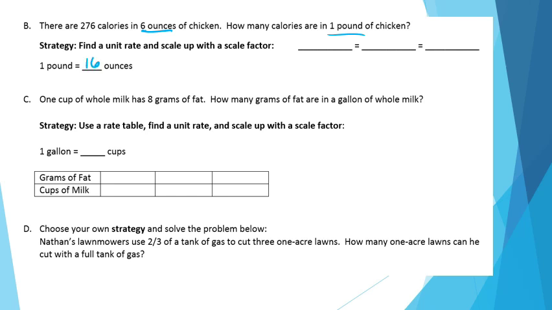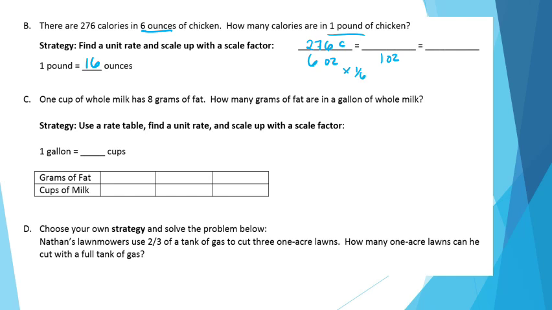So if there are 276 calories in 6 ounces of chicken, I'm going to think about, first of all, what would the unit rate be? So how many calories are there in 1 ounce of chicken? So if I multiply here, I know that 6 divided by 6, or 6 times 1/6, would give me 1.